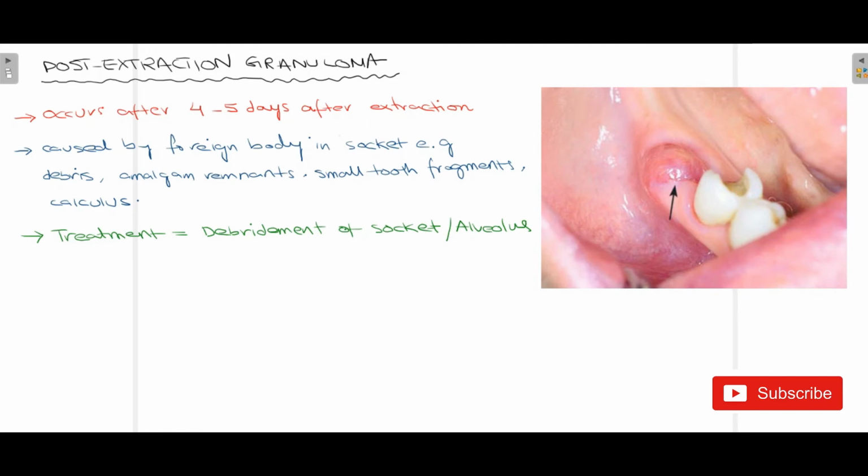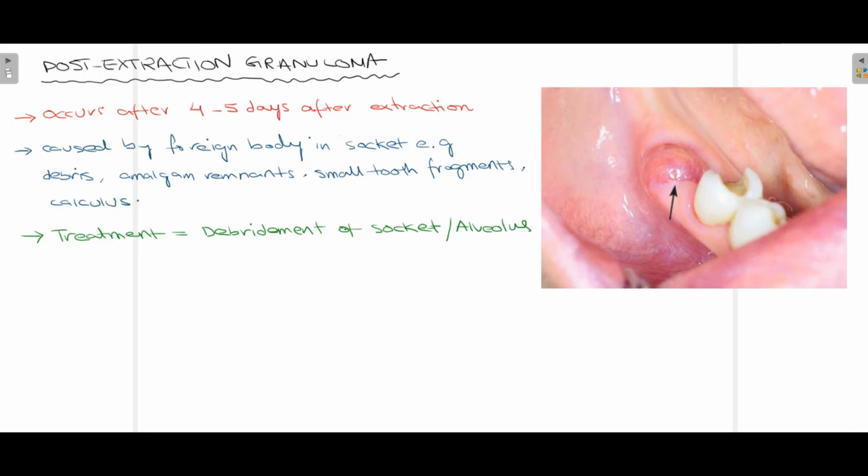So it's really important that after the tooth has been extracted, proper irrigation is performed with, say, normal saline. You properly irrigate the entire socket and make sure that there is no remnant of any structure present in any part of the socket.